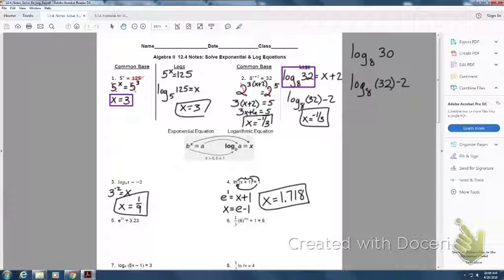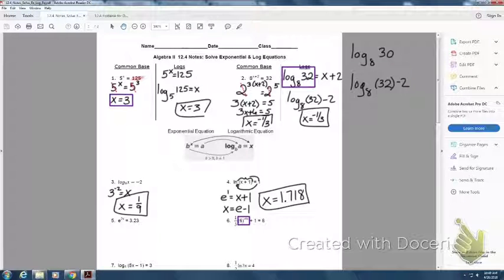Alright, Ryan, on 6, what is the base? 1/3. What is it being raised? What is the exponent? Negative 4x. So, I need to get that by itself.